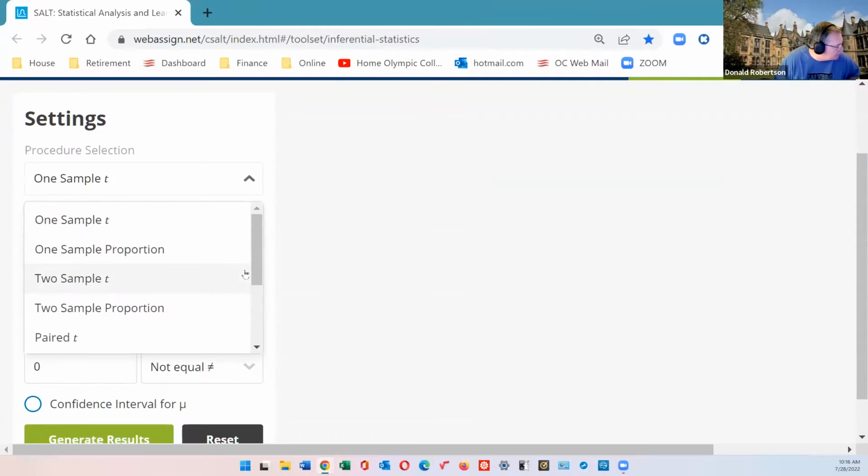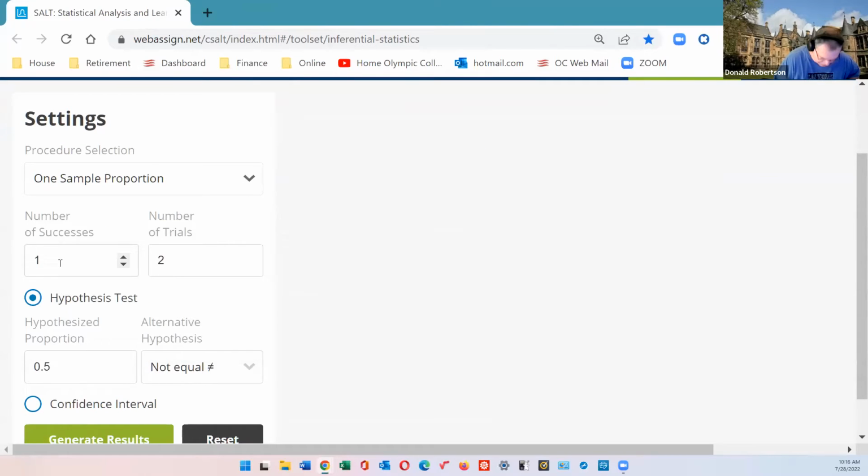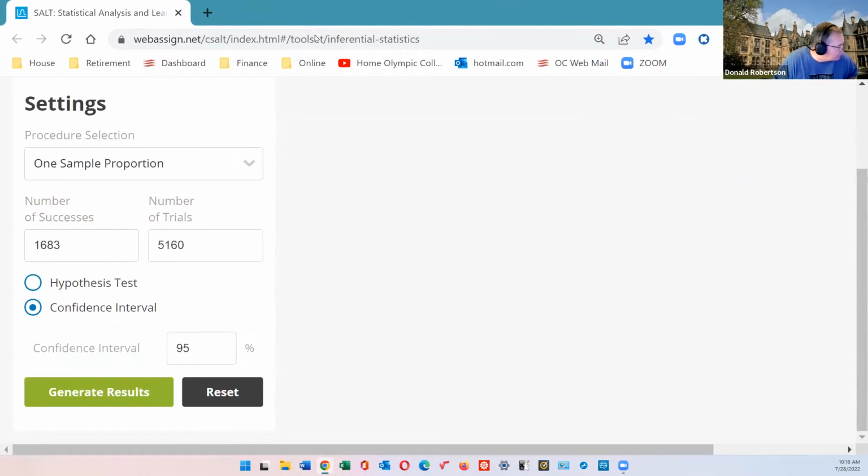So one sample proportion, 1,683 out of a grand total of 5,160, and confidence interval of 99%.